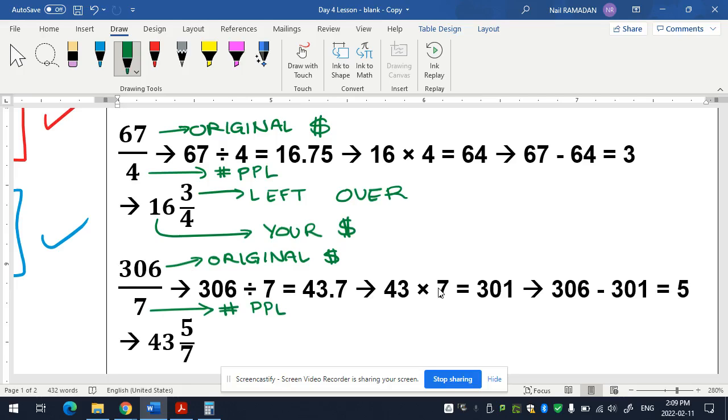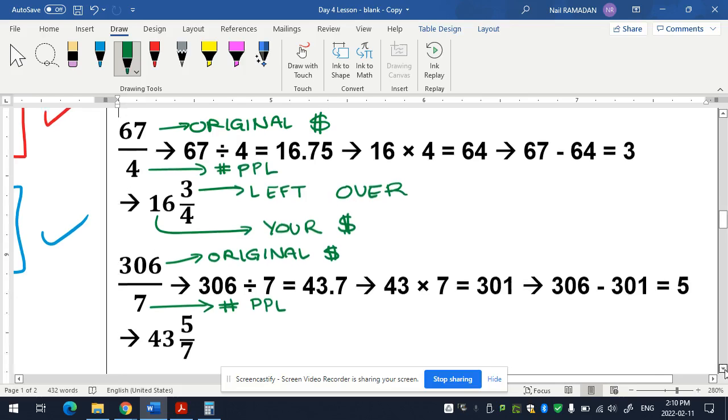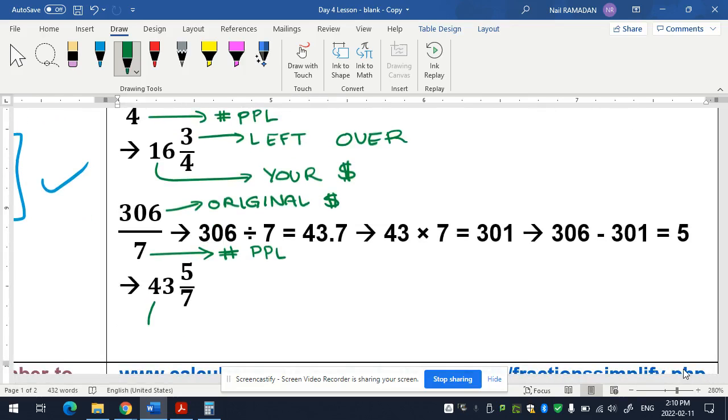You take that 43 and multiply it by this 7. So you end up giving $301. Well, you originally had 306, so you get to keep back $5. So 43 is your money after division. 5 is the leftover for the distributor.